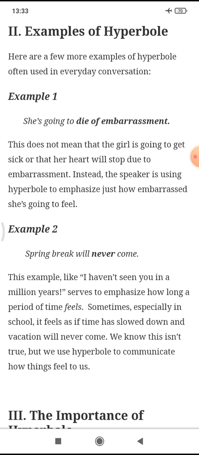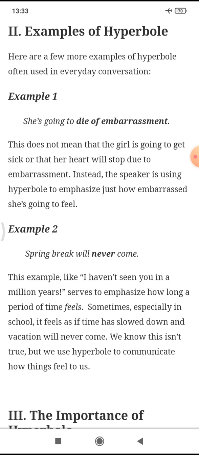This is hyperbole. This does not mean that the girl is going to get sick or that her heart will stop due to embarrassment. It means that embarrassment is not a cause through which one can die, but it can make someone feel that it's very difficult to survive.